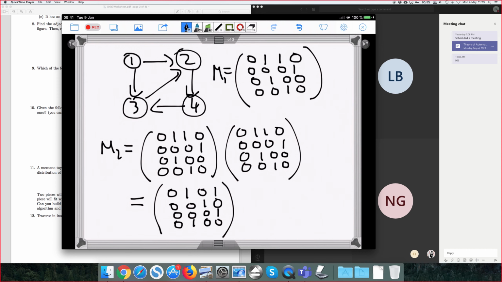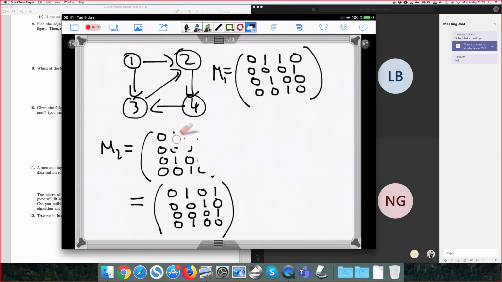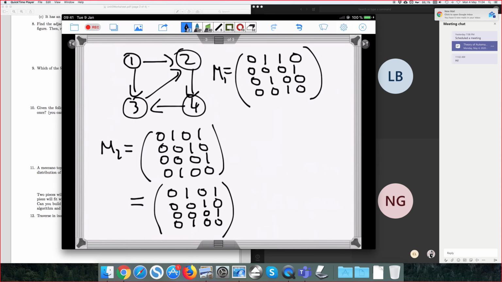Okay, so this is M2. I'm going to copy M2 here to have space for the third matrix. So let me erase this, and then I'm going to copy this here: 0, 1, 0, 1, 0, 0, 1, 0, 0, 0, 0, 1, 0, 1, 0, 0.